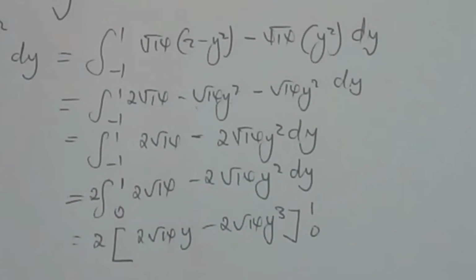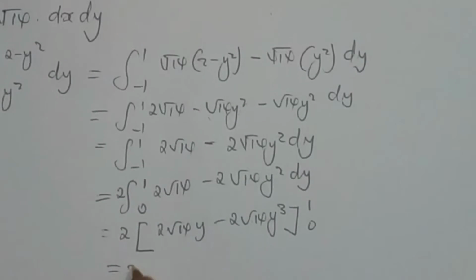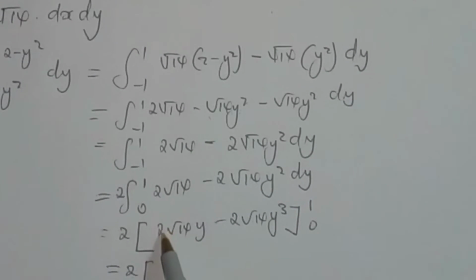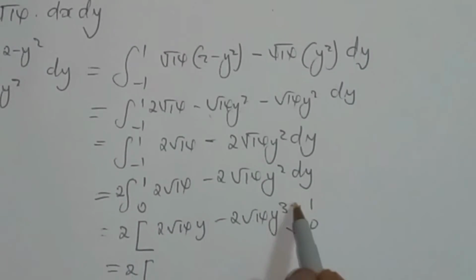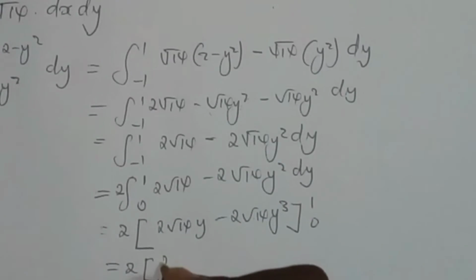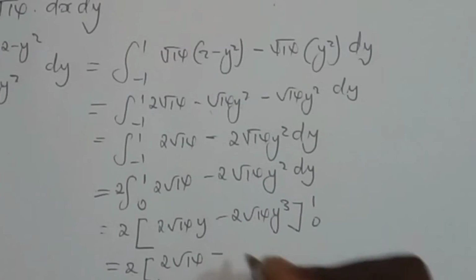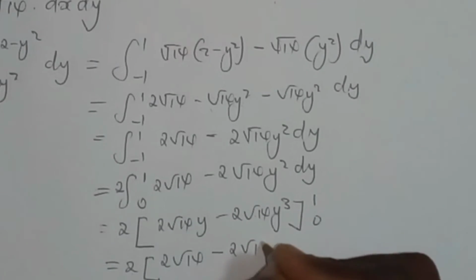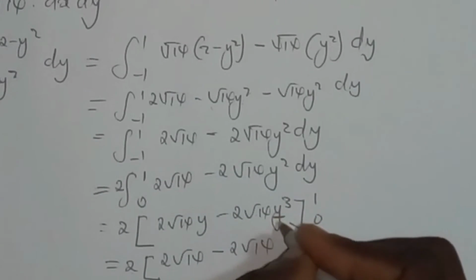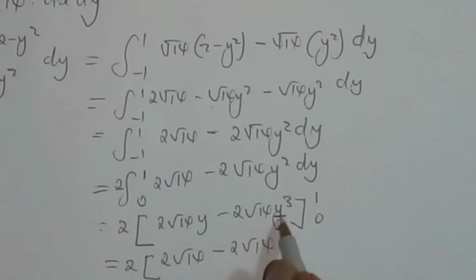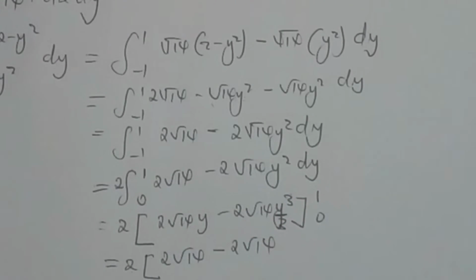Now I'm going to say upper bound minus lower bound. If I replace y with 1, I get 2 root 14 minus 2 root 14 over 3, since y cubed is divided by the new power, which is 3.